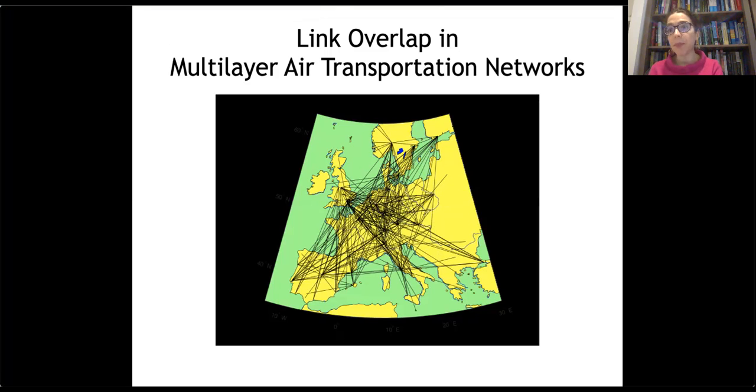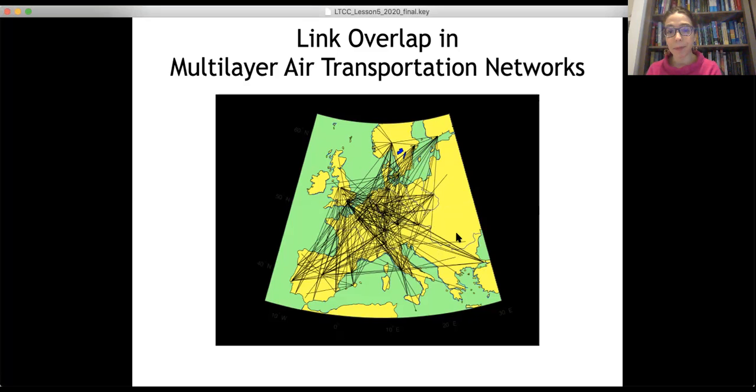So this is a very significant feature of this multiplex network: there is this redundancy, and the redundancy is encoded in the fact that popular flight connections are operated by more than one airline company.